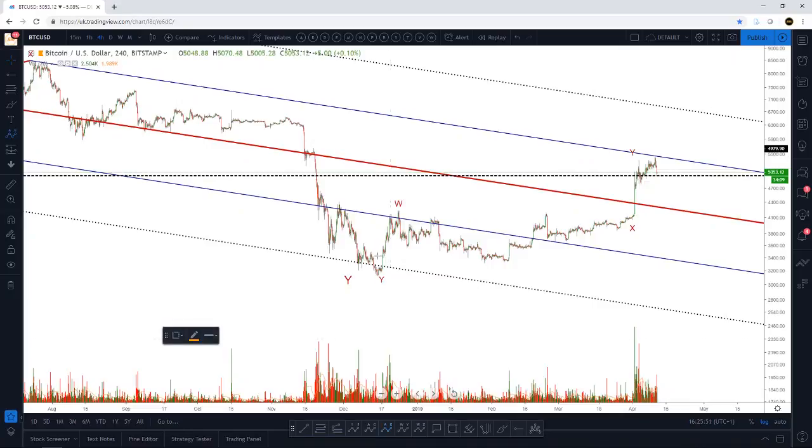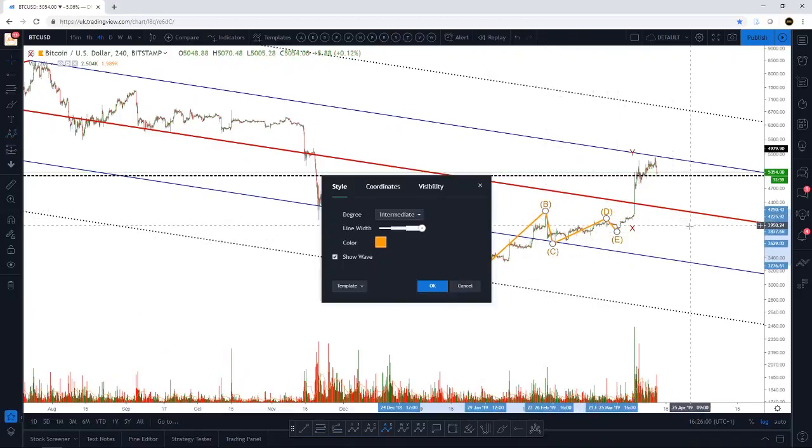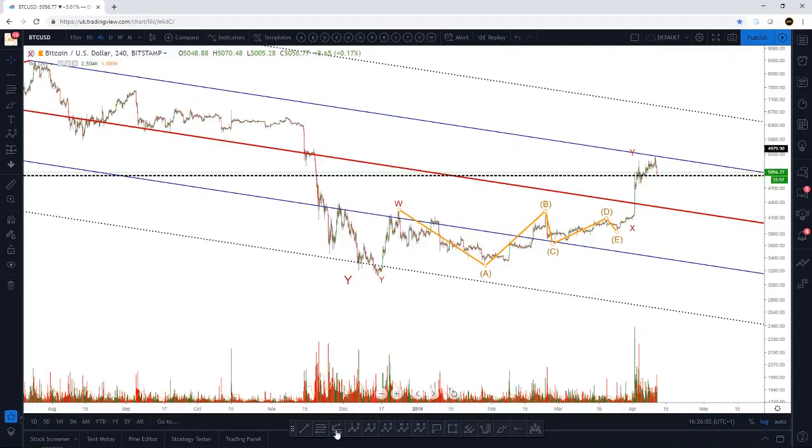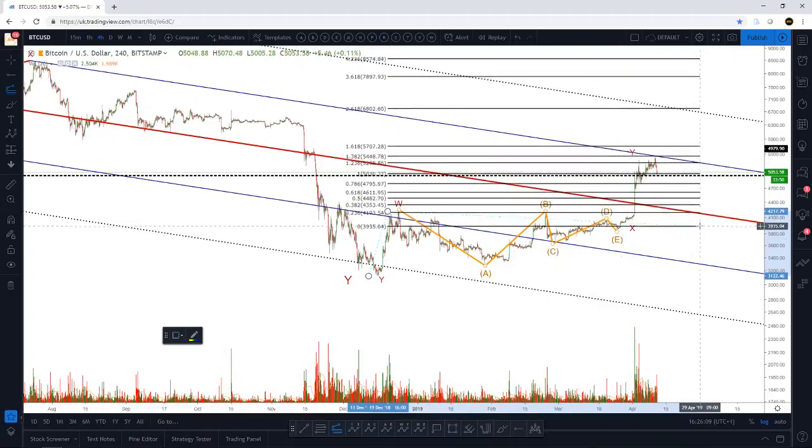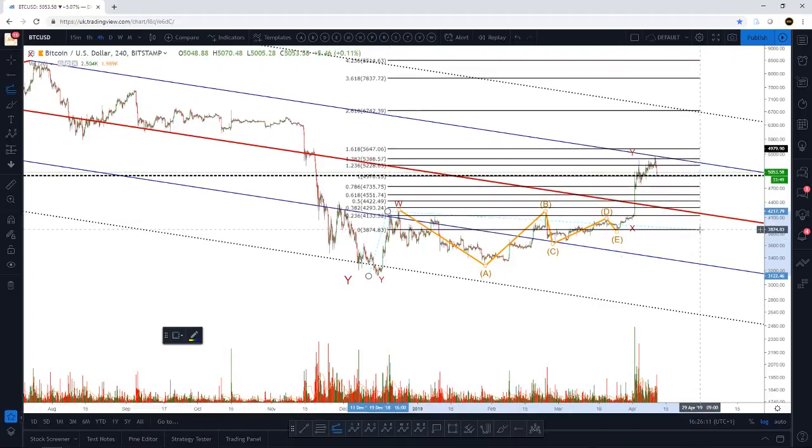So if we just labeled that, so this would be our A wave, B wave, C wave, D and E. Okay. So if this is our first wave, our W comes up to here, X finishes at this point, drag it across, and we've tested the 1.382, which is a very nice Fibonacci relationship for a WXY. And we've found confluence with this upper median line, and price has come down.